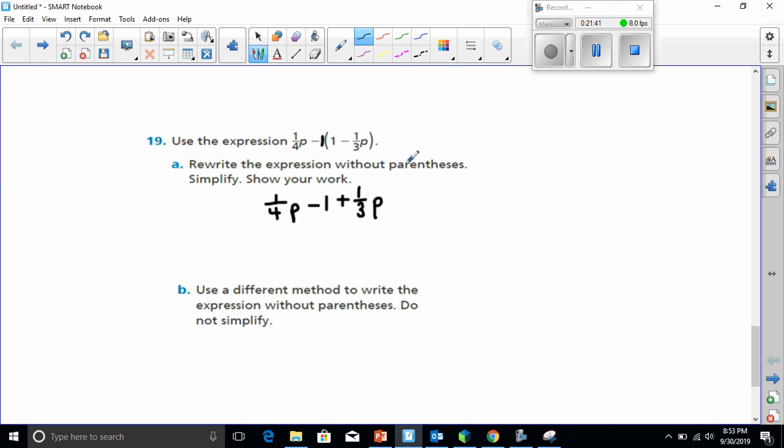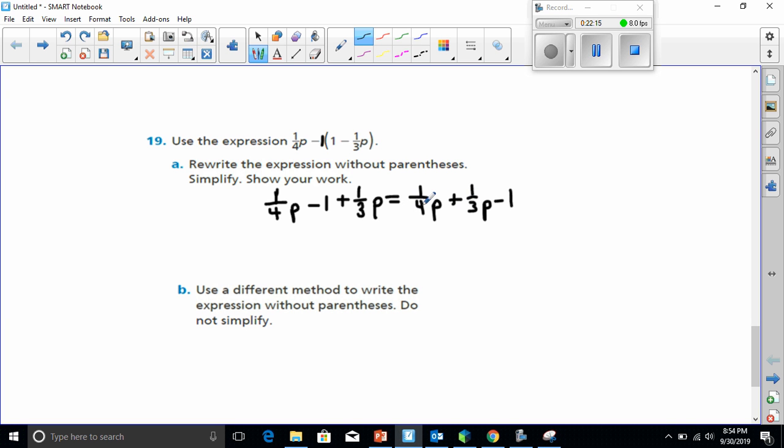And then it says, simplify and show your work. Well, now I've got 1/4 p plus 1/3 p. So let's rewrite this to put our expressions together. That would be 1/4 p plus 1/3 p and then -1. All we did was rearrange these numbers. Well, for 1/4 p plus 1/3 p, we have to make these denominators the same.